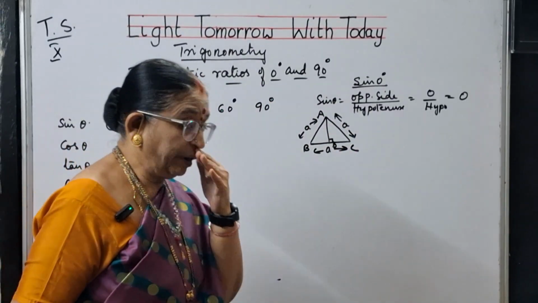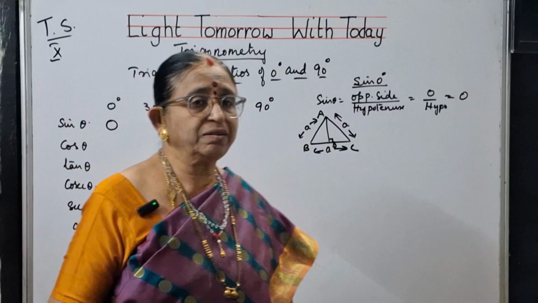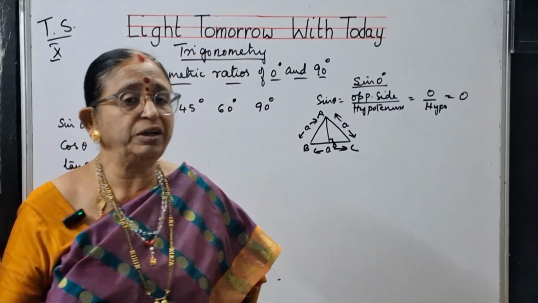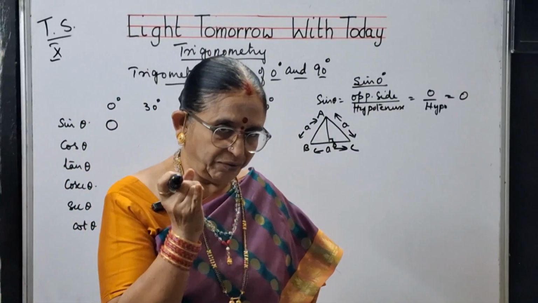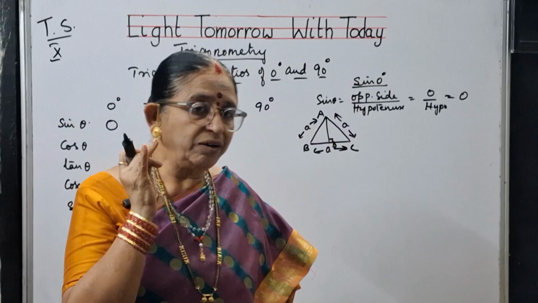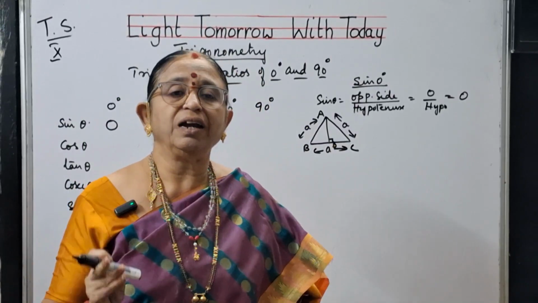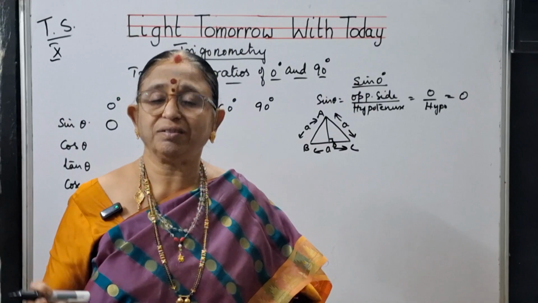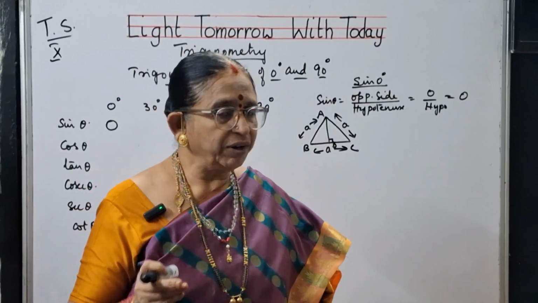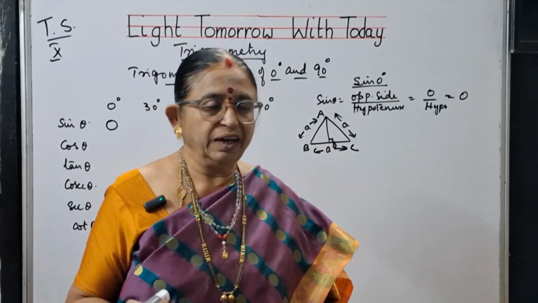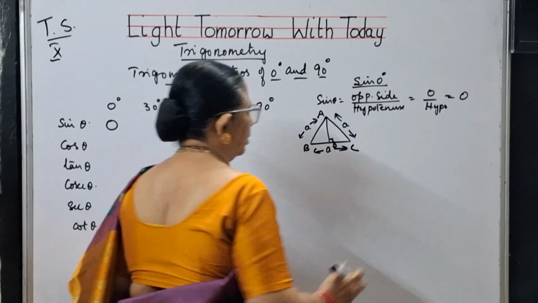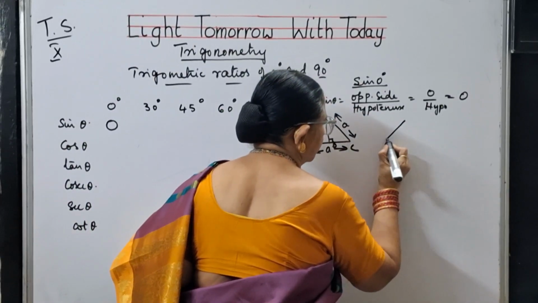Now children, when I was dealing with the similar triangles, I have explained it to you. For equilateral triangle and for isosceles triangle, the median and altitude are one and the same. But for scalene triangle, they are different. Once again, let me give a small recollection of it.